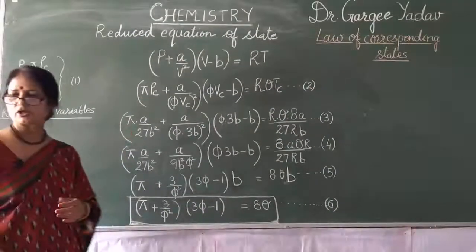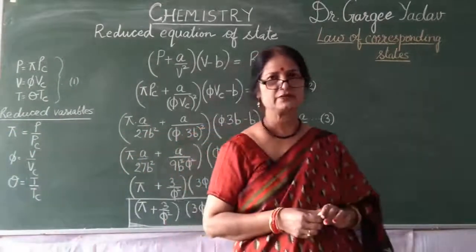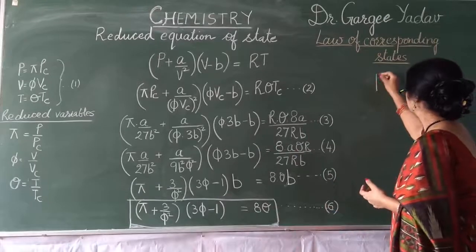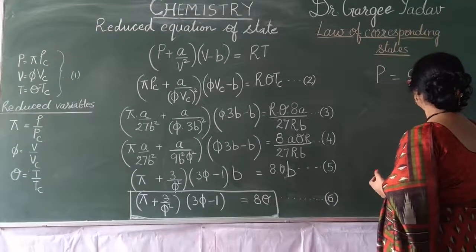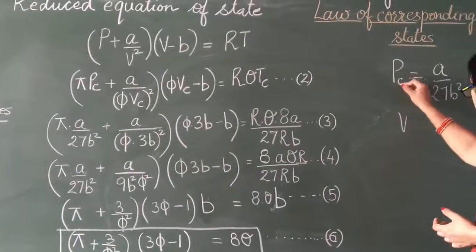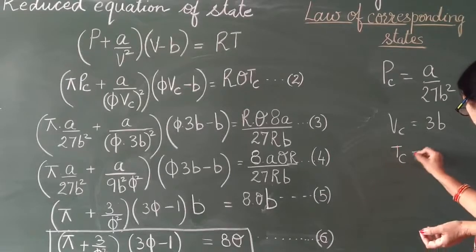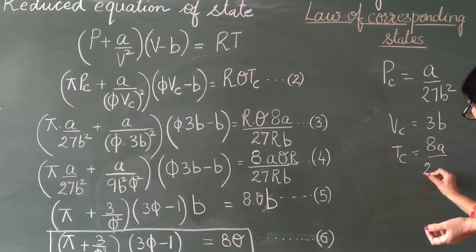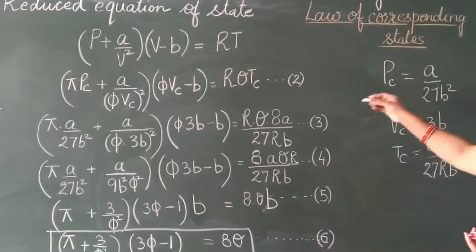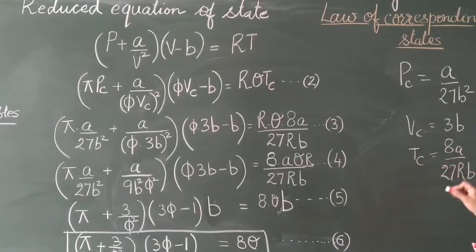Now, as we all know, the critical constants of a gas, Pc, Vc and Tc, in terms of van der Waals constants are expressed as Pc is equal to a upon 27b square, Vc is equal to 3b, and Tc is equal to 8a upon 27R.